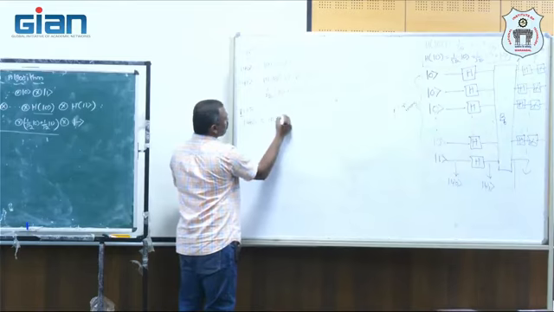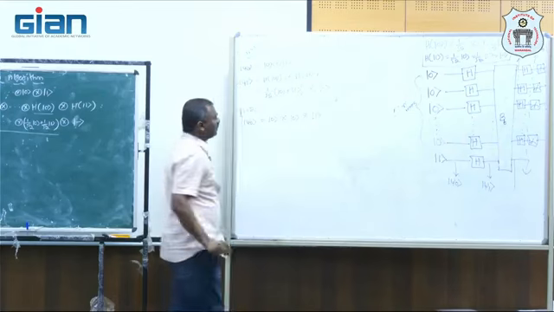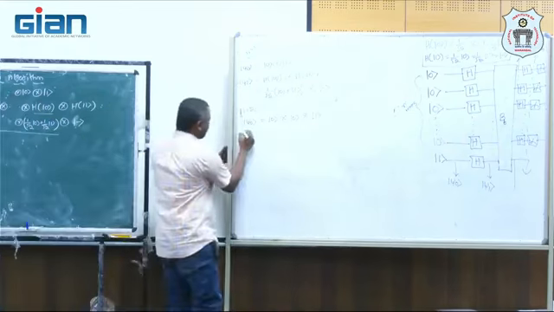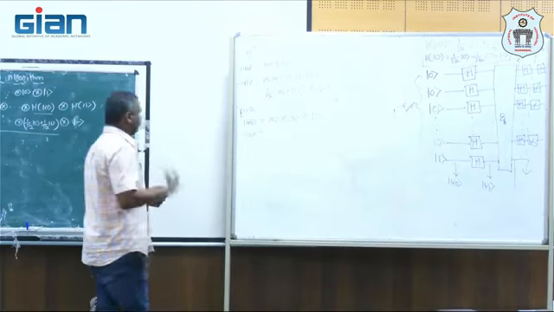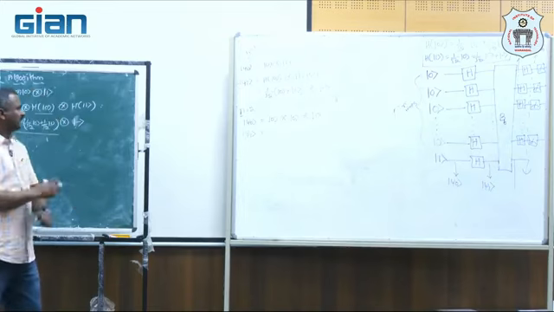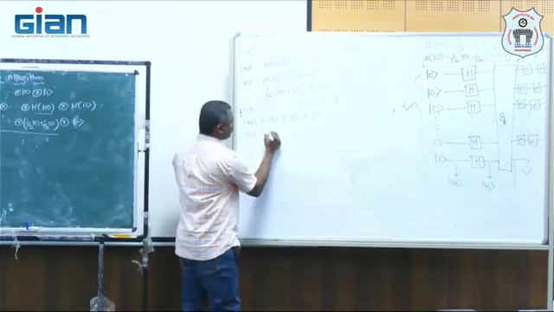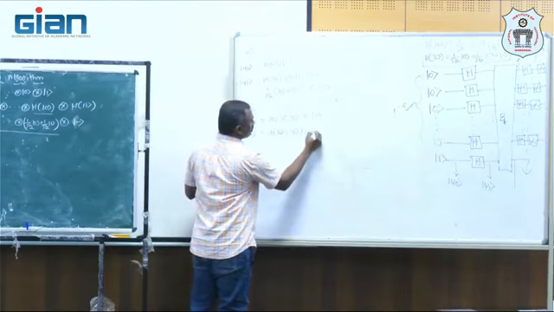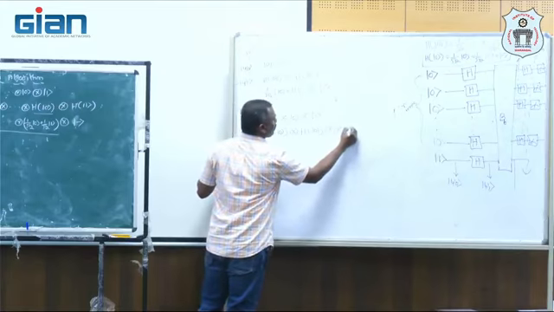Ket 0 tensor with ket 0 tensor with ket 1. Now, what is ket psi 1? h of ket 0 tensor with h of ket 0 tensor with h of ket 1.